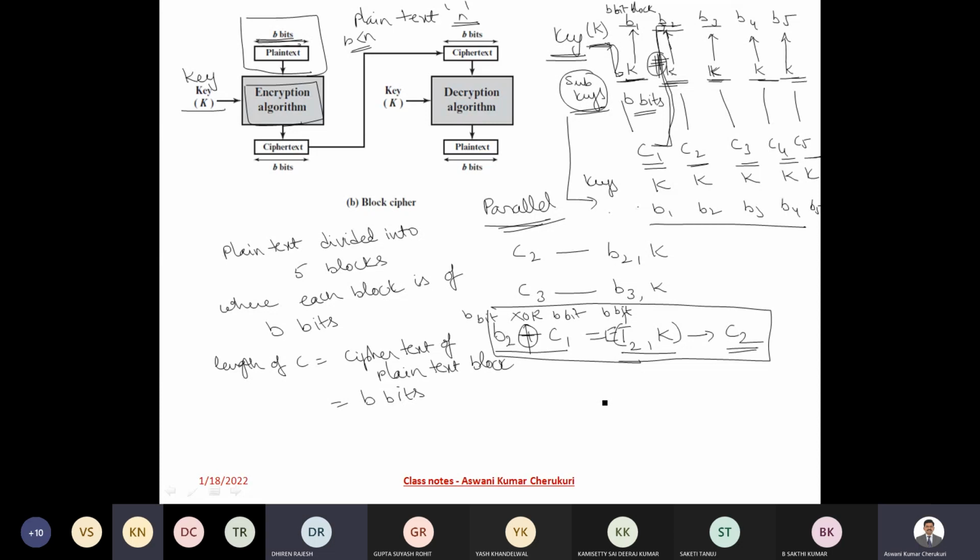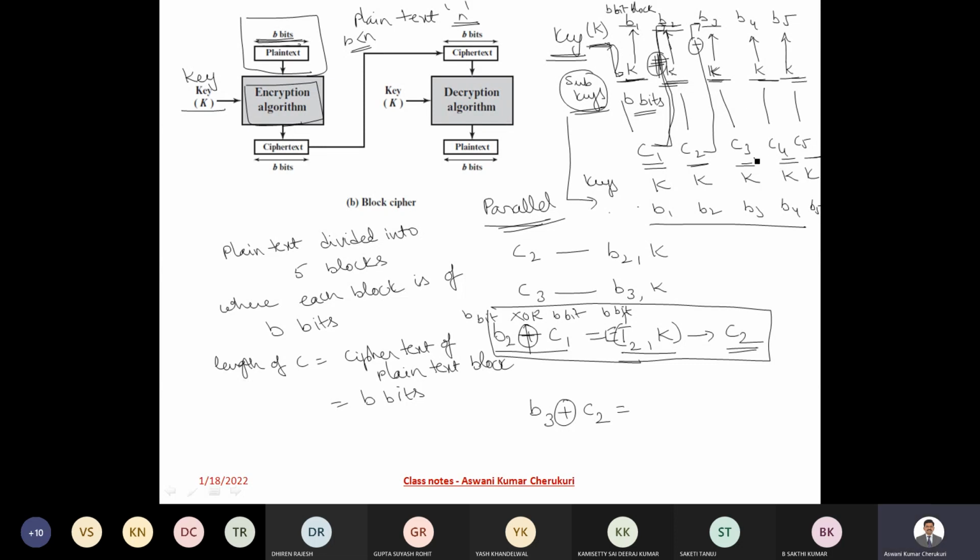Similarly, I take B3. For processing B3, what will I combine? C2. So take C2 combined with B3, and apply K, you get C3.